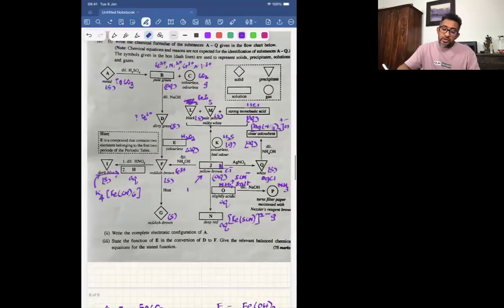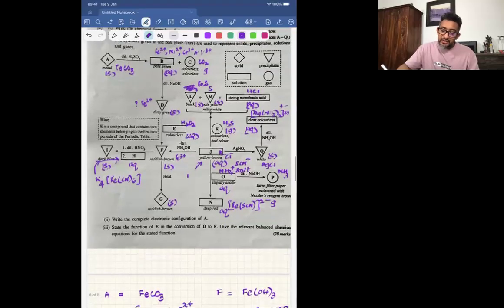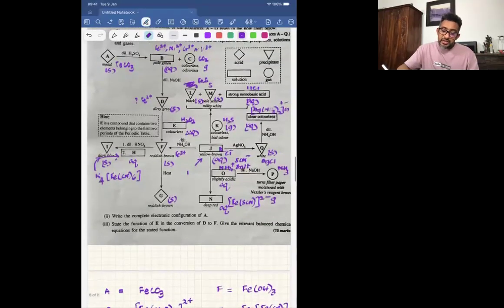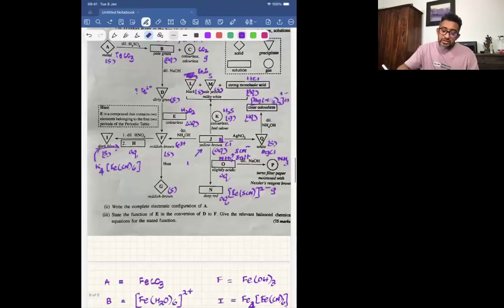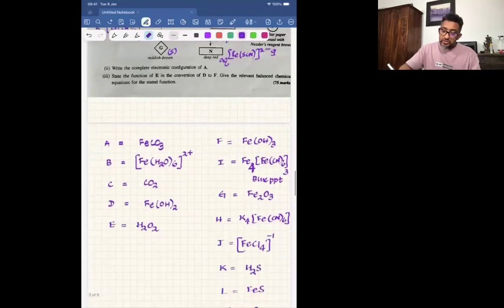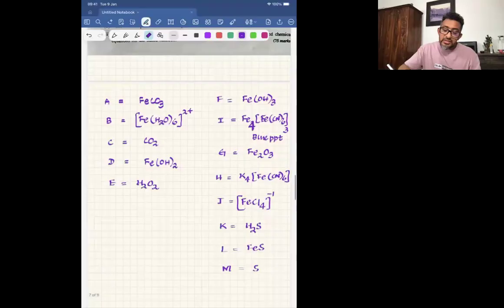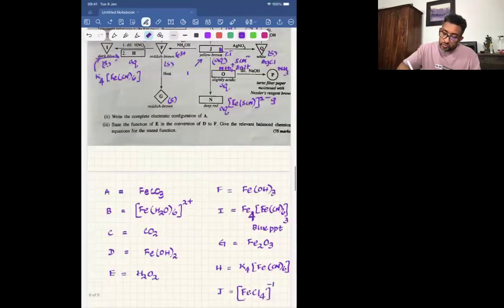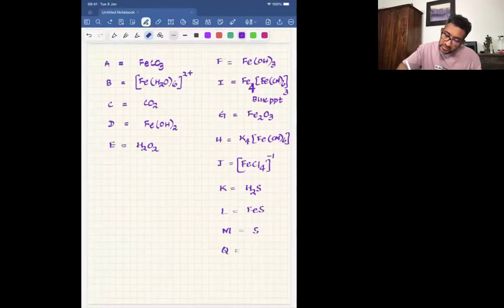Strong monobasic acid, they have not given a letter. Let's see what is that J. J is yellow-brown color. When you add silver nitrate, it gives you a white one. So J is FeCl4 minus. Q is silver chloride.